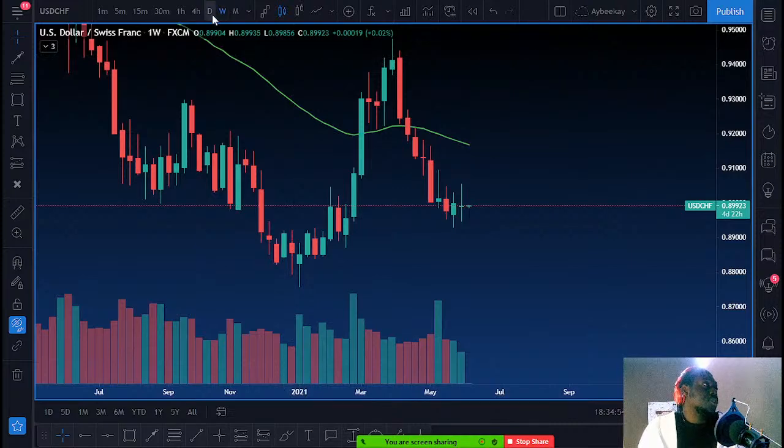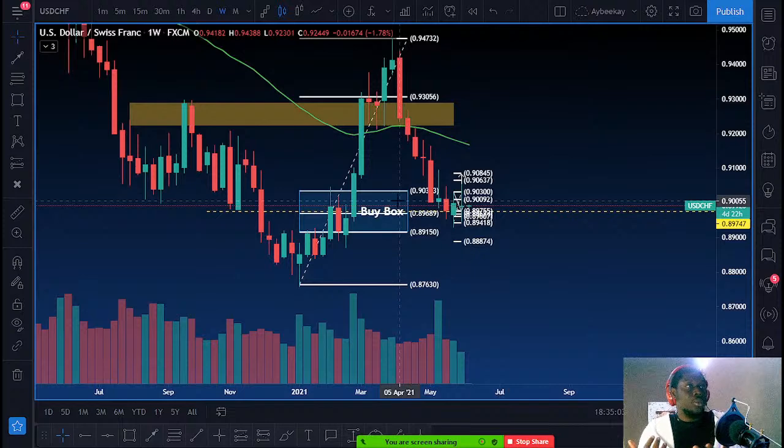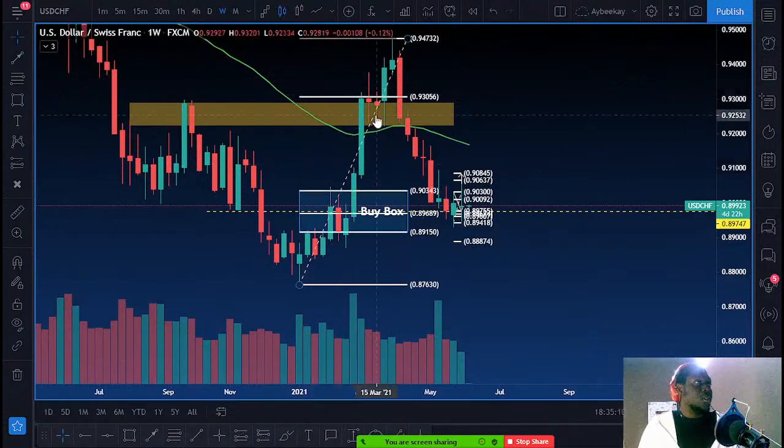I am definitely bullish, especially with how the fib looks on the weekly time frame. That buy area is still pretty relevant, right? So that's something you want to watch for. I'm still overall on the weekly looking bullish.